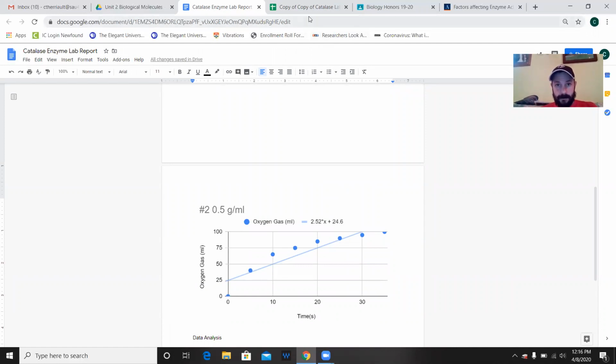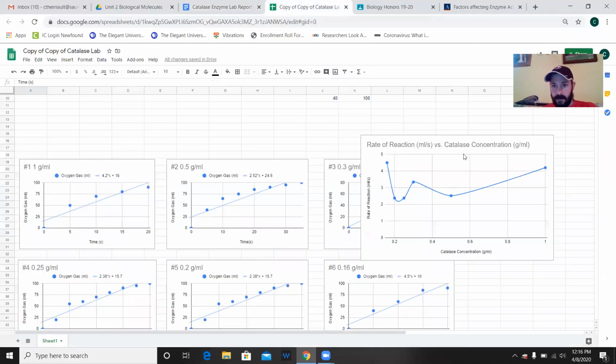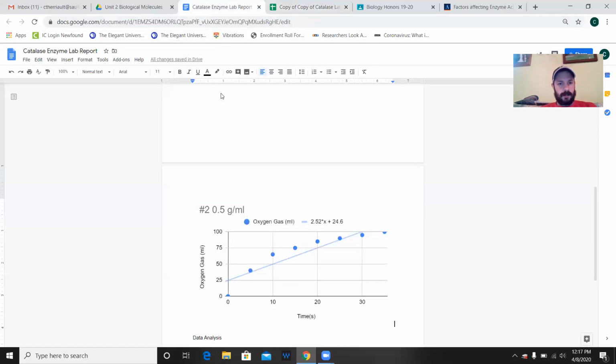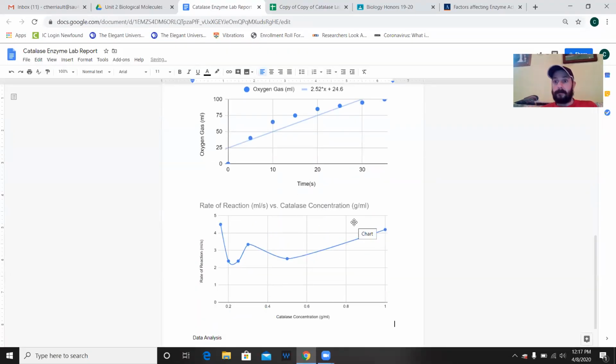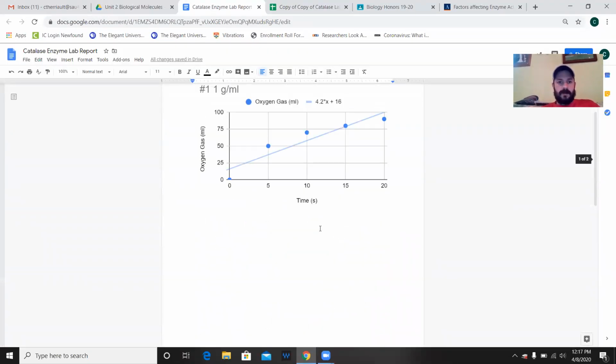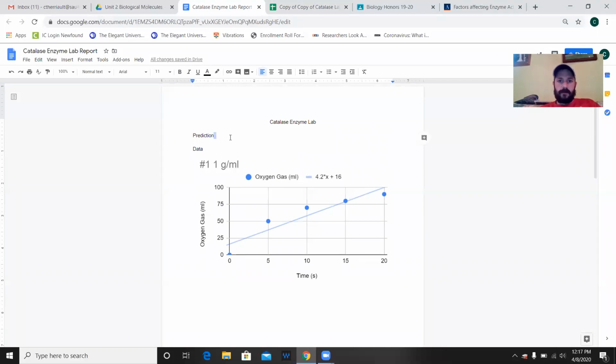But most importantly, I 100% need this graph right here, the most important graph of your independent variable, catalase concentration versus the rate of reaction. So I'm going to copy that chart. And then bring it into my document. Great. Awesome.